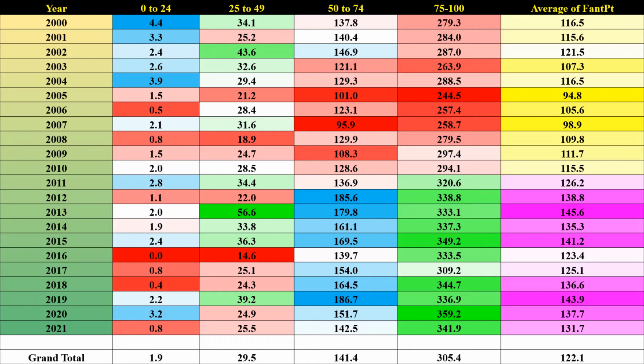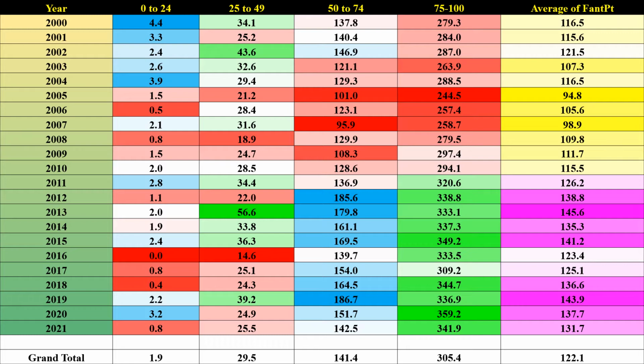This is assuming 4 points for a touchdown, 1 point for 25 yards passing, the traditional scoring for most quarterbacks in PPR leagues. I also colorized from high to low, either blue or green, and the lowest years would be red.